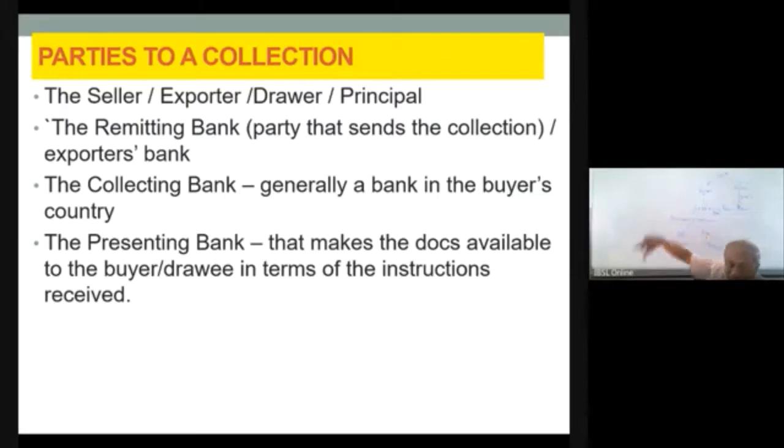And there's another party, the presenting bank, that makes the documents available to the buyer, the drawee, in terms of the instructions received.